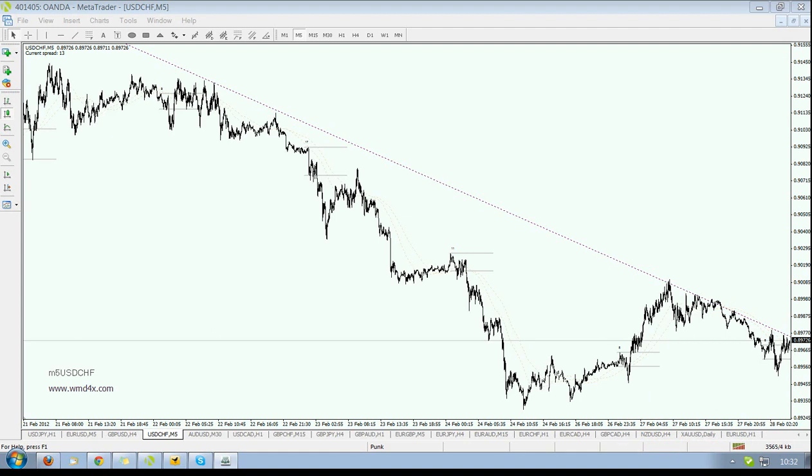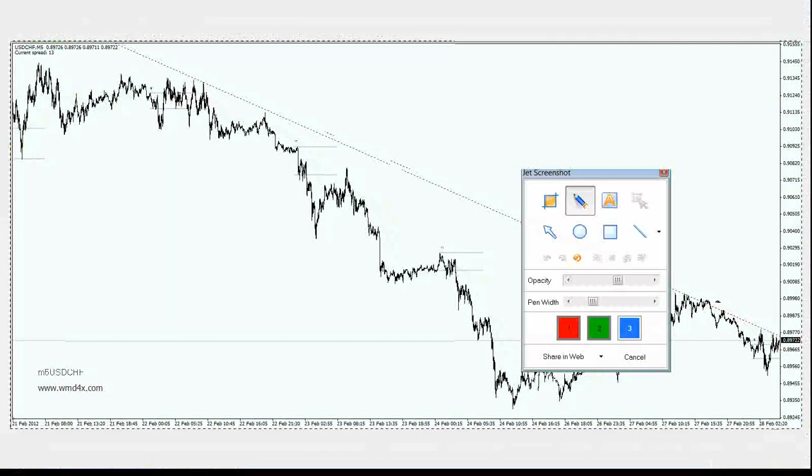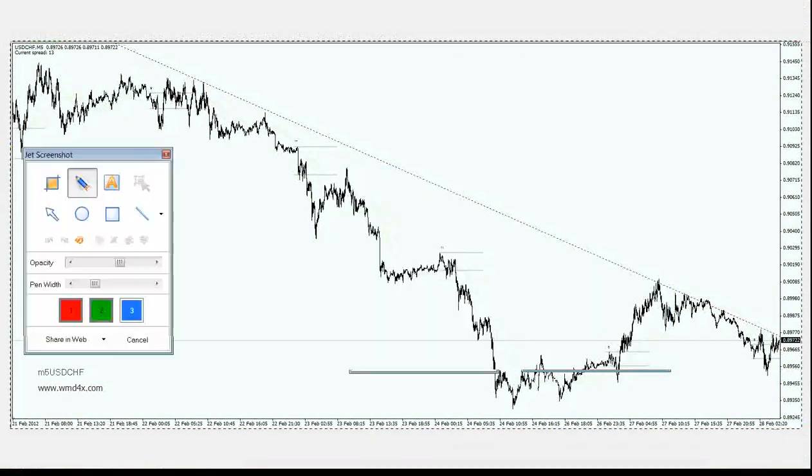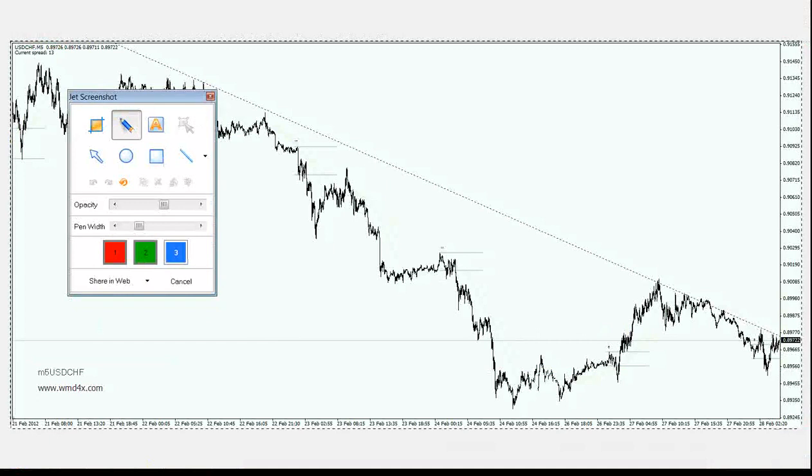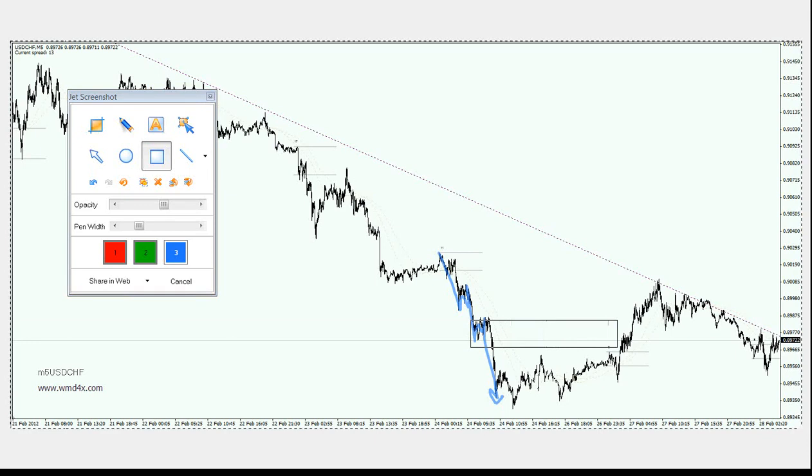let's have a look at an exception to the rule. Again, dollar Swiss is a perfectly good example. If we're looking at the price structure, we're getting boost, consolidate, boost. Price is broken down, and the last cluster that we have is there.